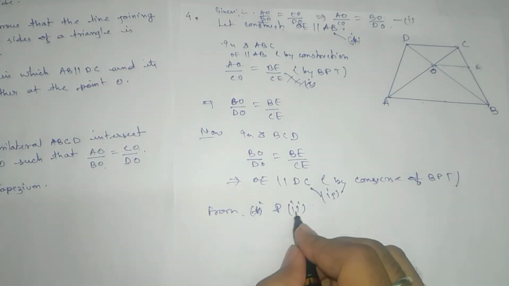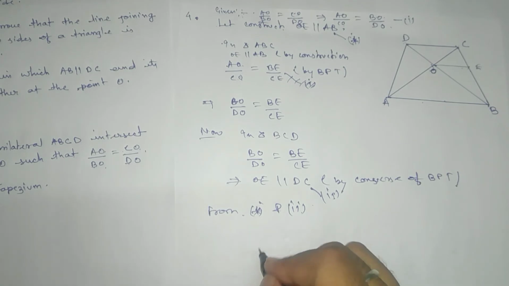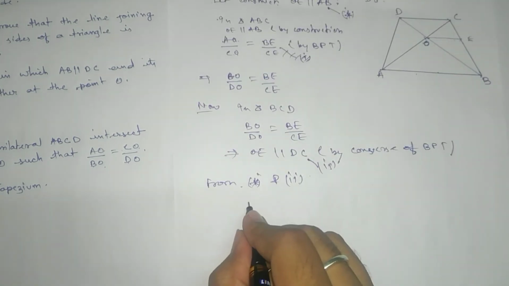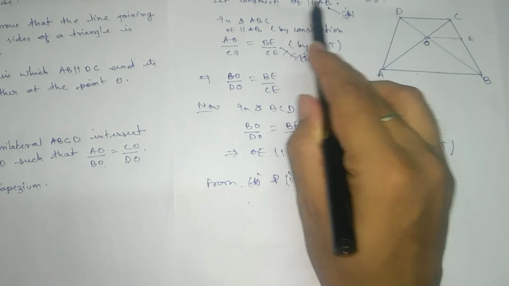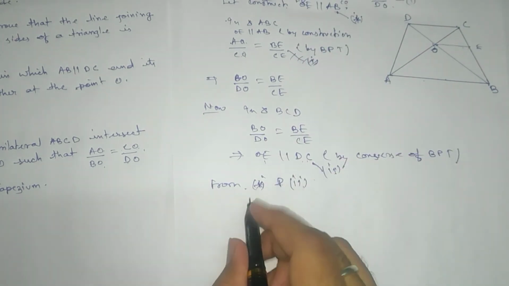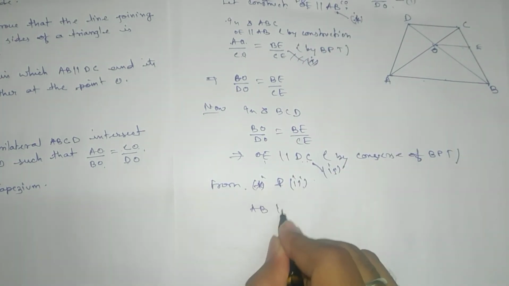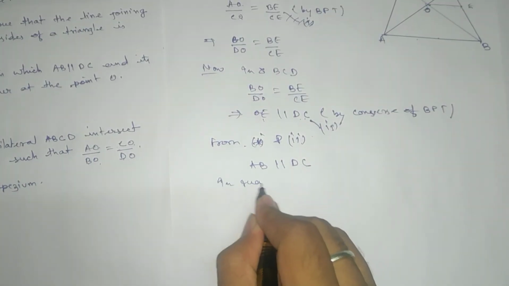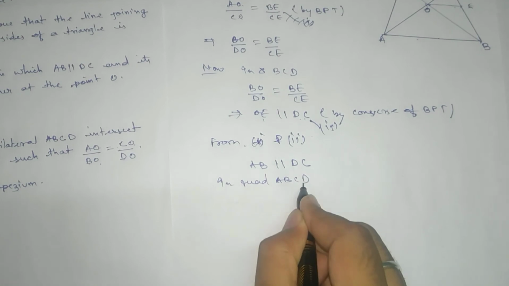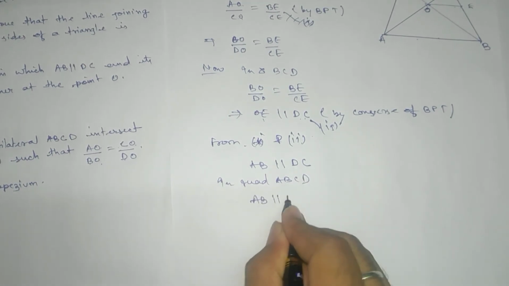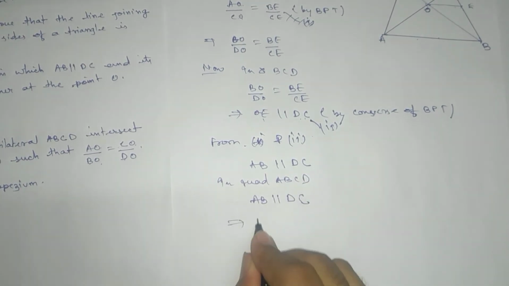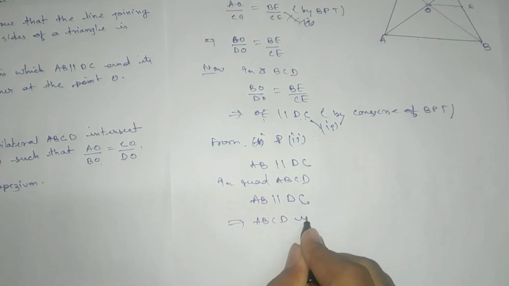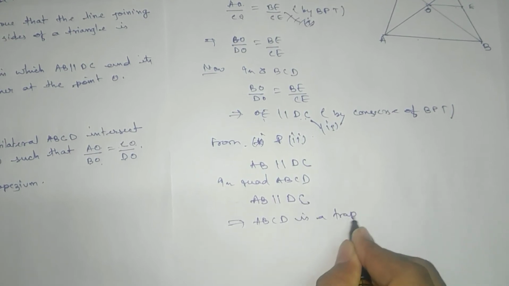So from star and 2, what we are getting, that is OE parallel to AB and OE parallel to DC. That means we can say that AB is parallel to DC. So in quadrilateral ABCD, AB is parallel to DC. This implies ABCD is a trapezium.